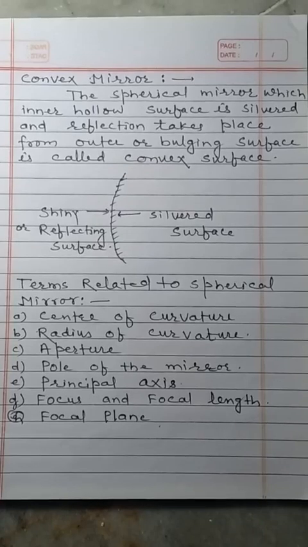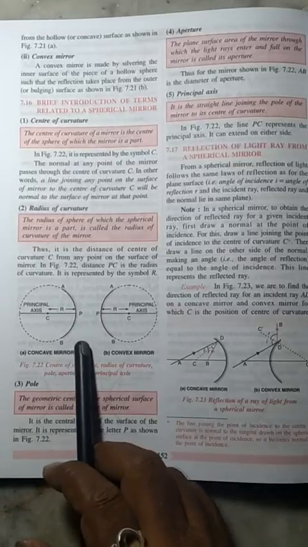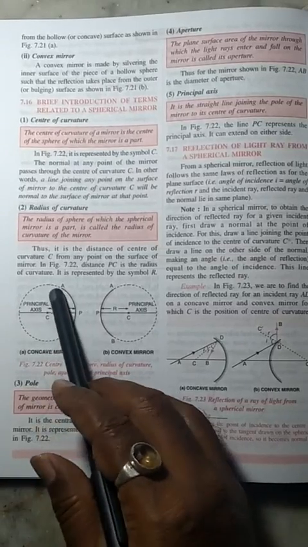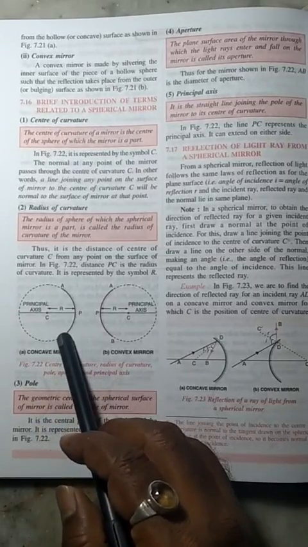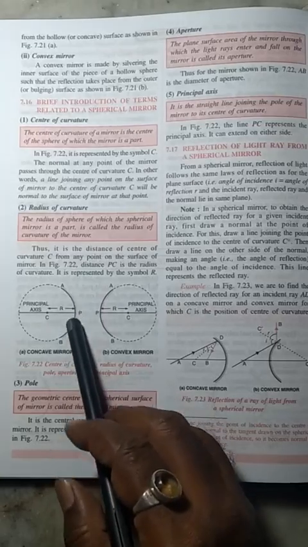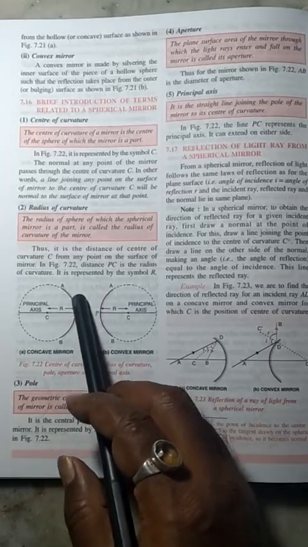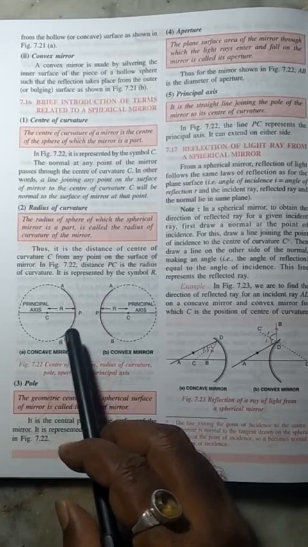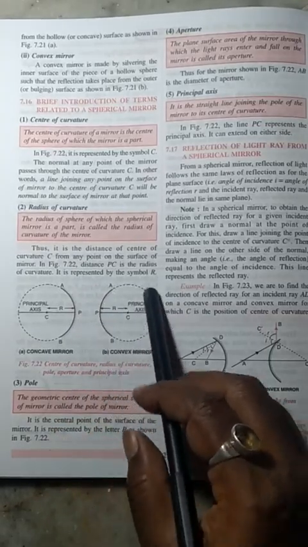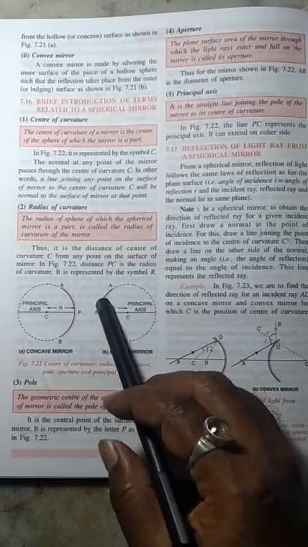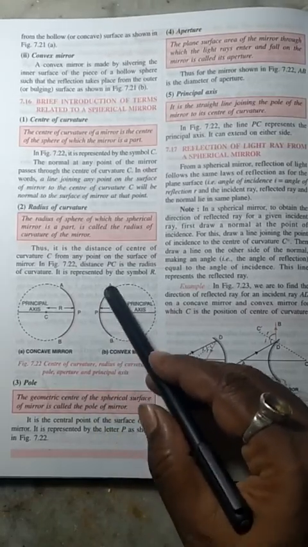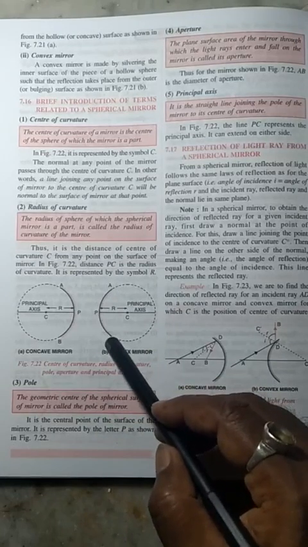See in the figure, this is a sphere and this is a part of a sphere. Outer surface is silvered, inner surface is shiny. Inner surface is silvered, outer surface is shiny.